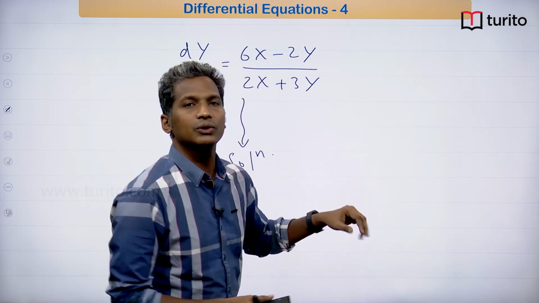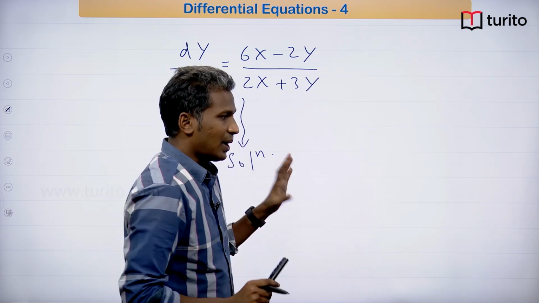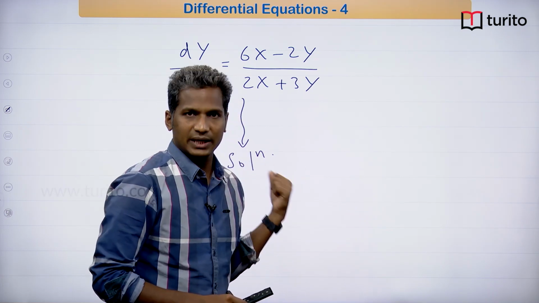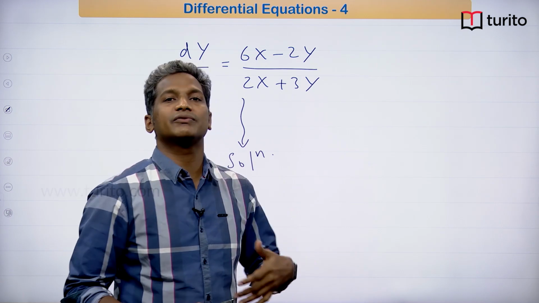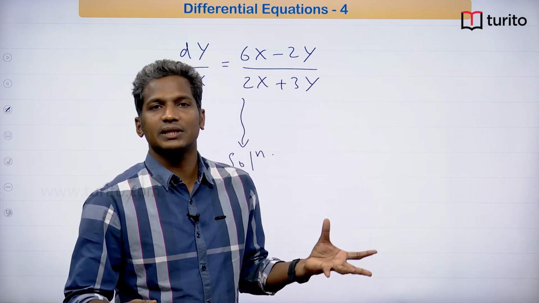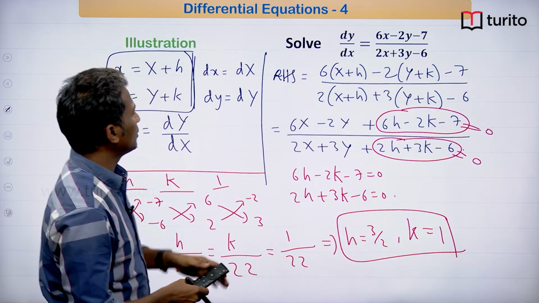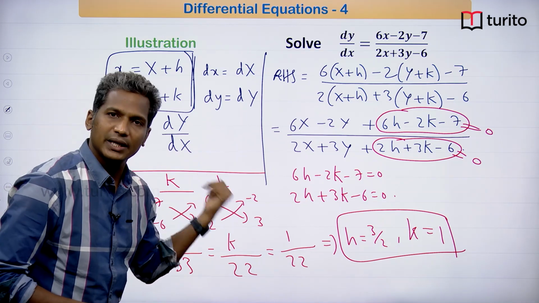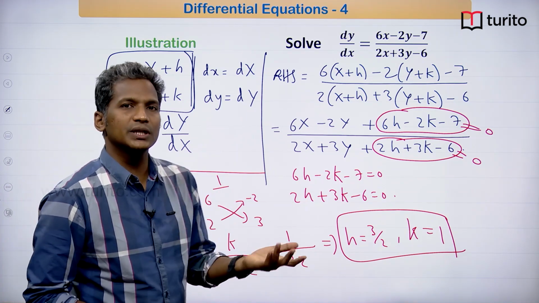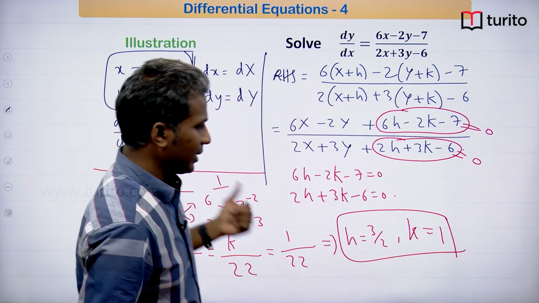And then we may have to shift it back to get the original solution. But whatever solution we get here, let us say we get a family of circles, then the family will not change. It is of course the same family even after shifting. Okay. So that is the whole idea of this theory, and I hope you have understood this both algebraically and geometrically. Okay. Come on, make a note of this.